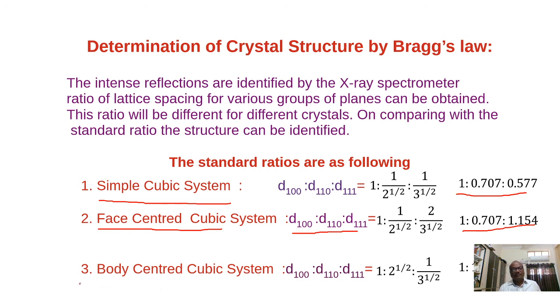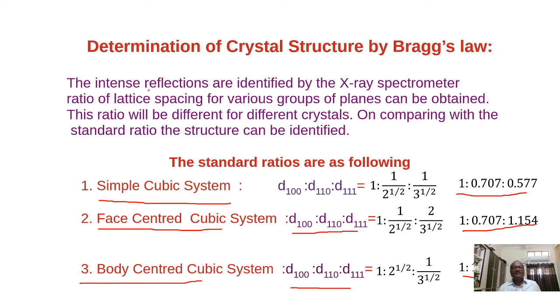Similarly, in case of a body-centered cubic system, the ratio between the interplanar distances of 100 is to 110 is to 111 will be equal to 1 is to root 2 is to 1 by root 3. Then we got this: 1 is to 1.414 is to 0.577. So these are the reference values.